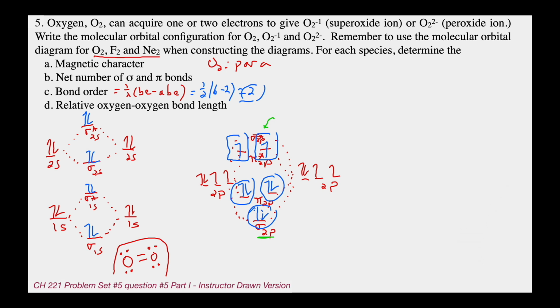So the number of sigma bonds is 1/2 the bonding sigma, 2, with no anti-bonding sigma up above. This means there's 1 sigma bond in this molecule.